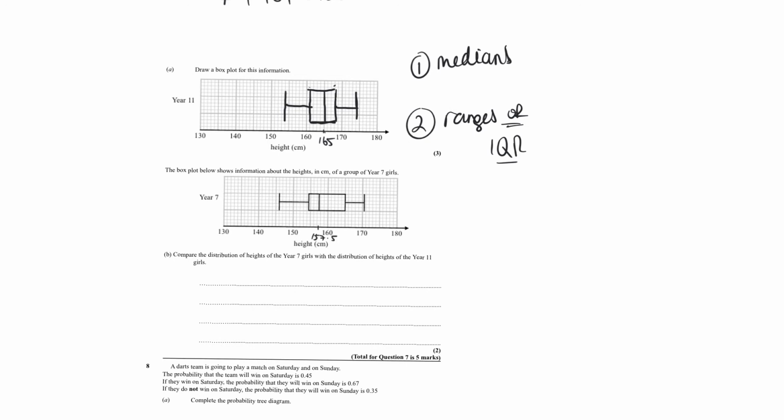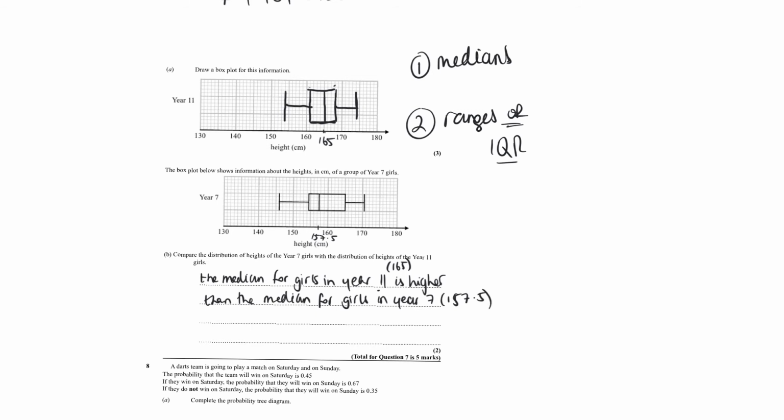So first of all, we can say the median for girls in year 11 is higher than the median for girls in year 7. So then I'm just going to put in bracket the values, which is 165, 157. Try and mention values in your statements just to back up your evidence.